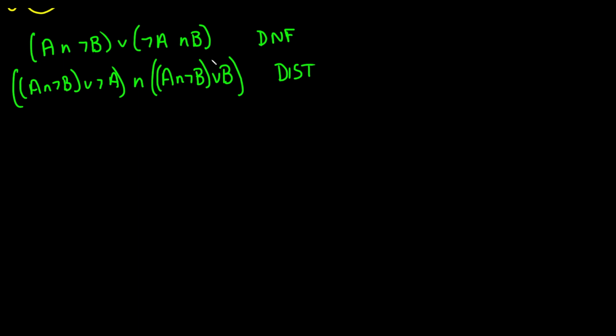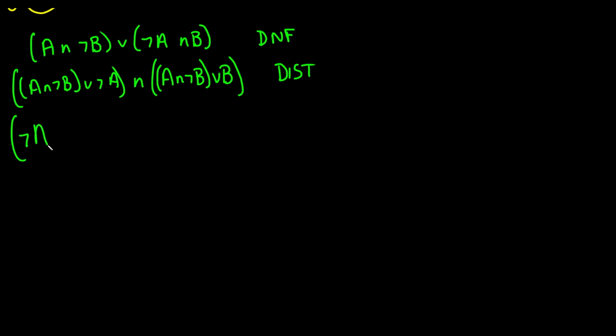We still don't have a formula in conjunctive normal form, so we're going to use distribution again on each one of these conjuncts, the left conjunct and the right conjunct. I'm going to clean things up a little bit to make it easier to see how distribution is used. I'm going to use the commutation rule, which allows me to move this not A to the left-hand side and move this A and not B to the right-hand side.